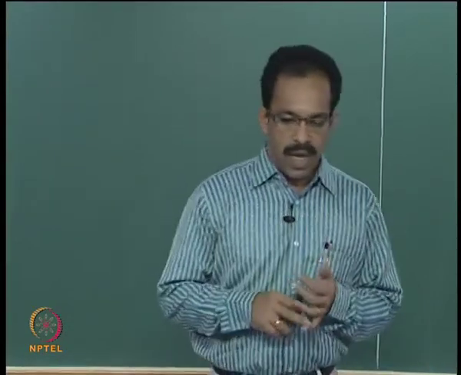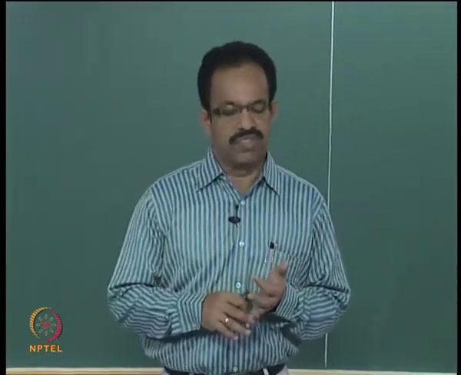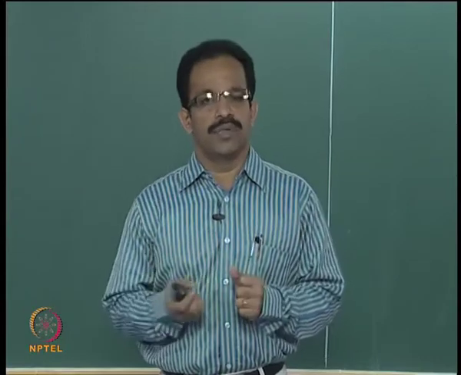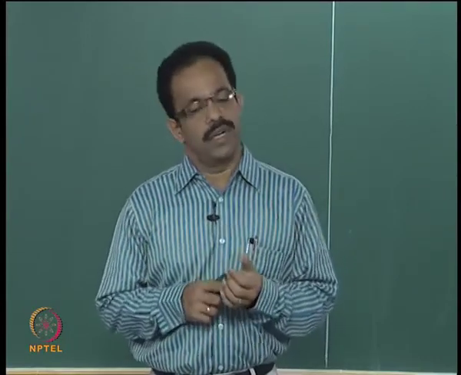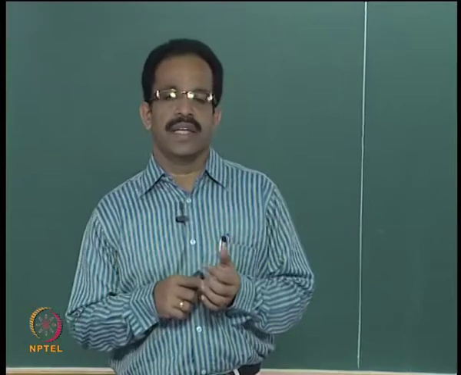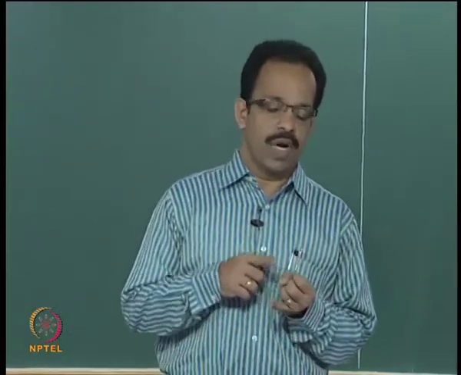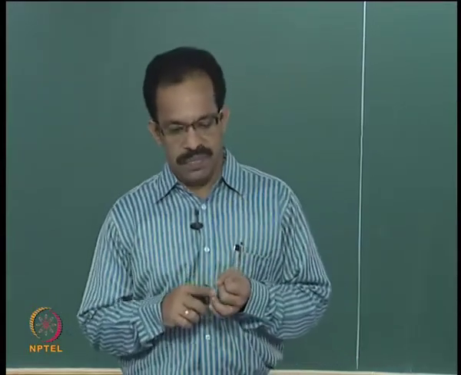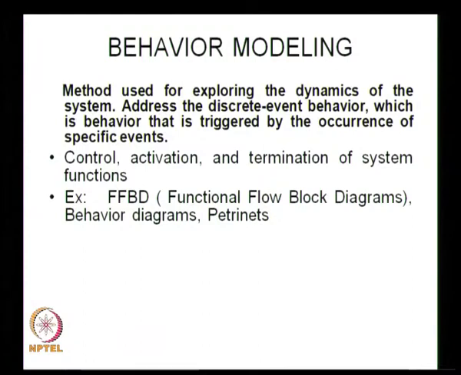Here the control, activation and termination of system functions are modeled using the behavior model. So not only the data and the process, we want to model the control, activation and termination of system functions, and for this purpose we have various methods. One method is known as the function flow block diagram, that is FFBD, and we have other methods like behavior diagrams and Petri nets.